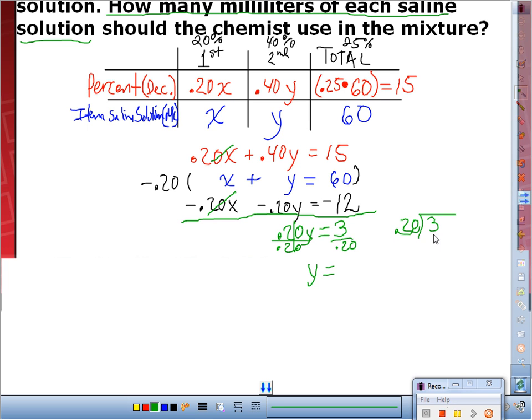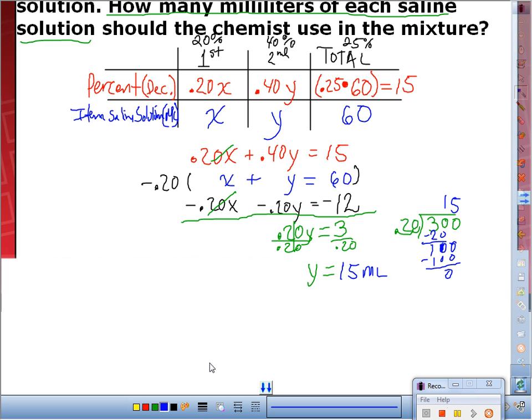Move the decimal twice, add 2 zeros. So 20 goes in here once, 20, subtract, 0, my bad. 10, 0, that's 5. So therefore, the second mixture has 15 milliliters.